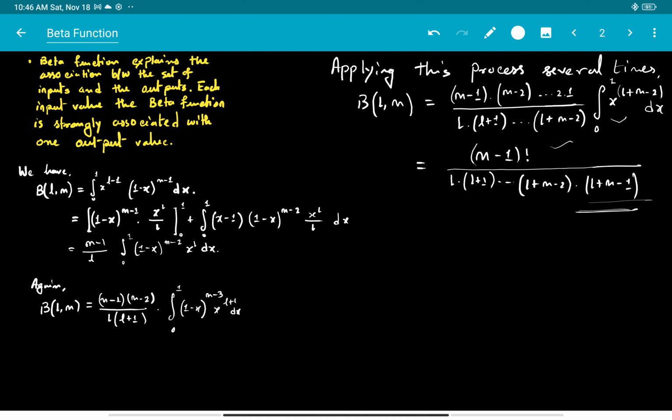Again, if you continue the process of this integration, l plus 1 and so many things will come up, and the 1 minus x terms will vanish, and you will be left with these terms with x raised to the power l plus m minus 2. So that is the thing.